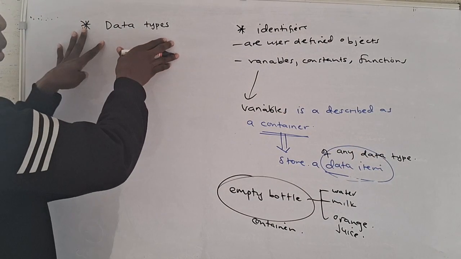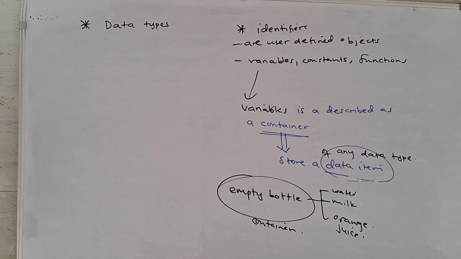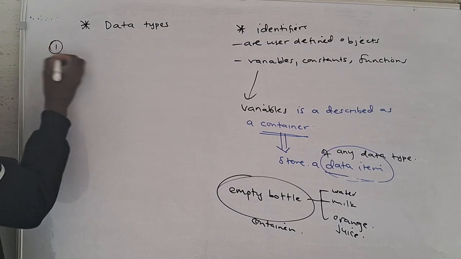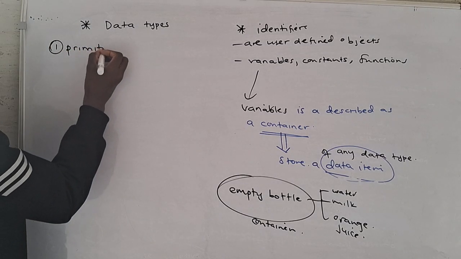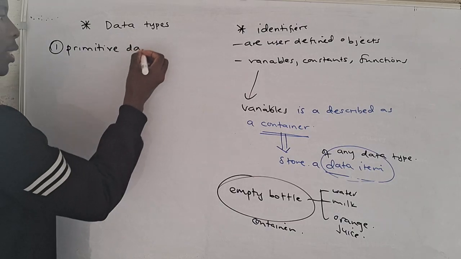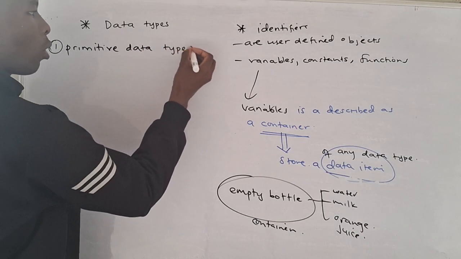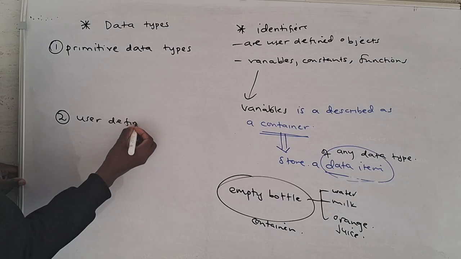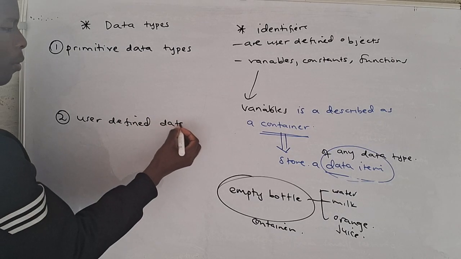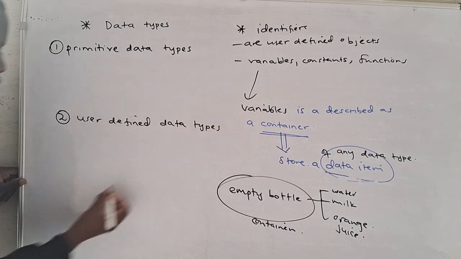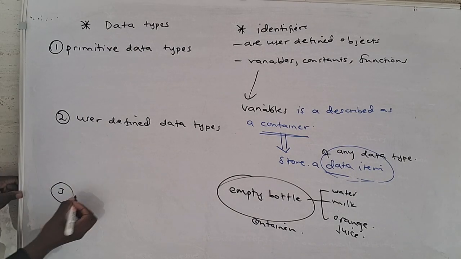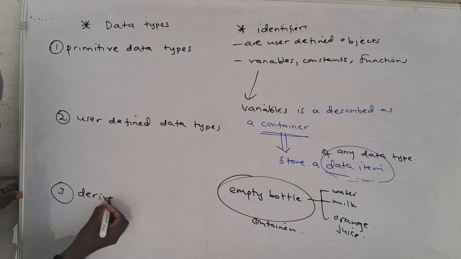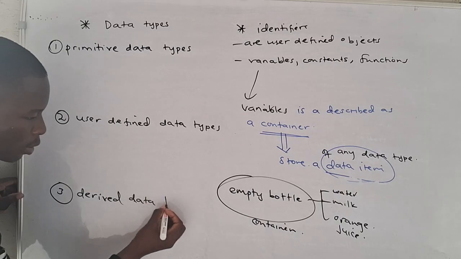Now we want to talk about these data types. We have different types of data types. We have primitive data types, we also have user-defined data types, and we also have derived data types.